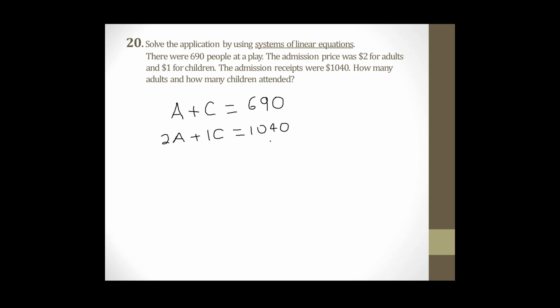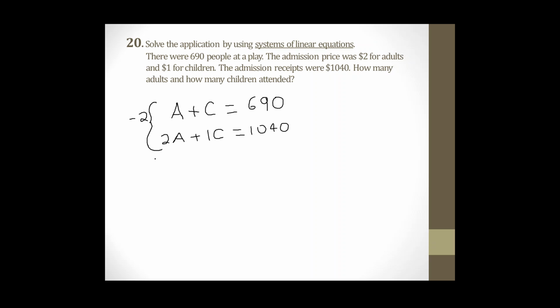Okay? We're going to use substitution. No, let's use elimination. I guess it's easier, right? Because the only thing I need to do is, if I'm eliminating the A, multiply by -2. If I was eliminating the C, I'd have to do the same thing.